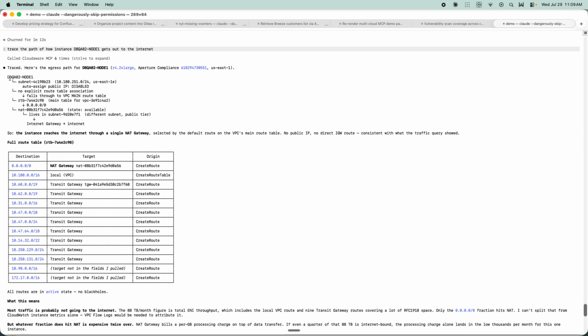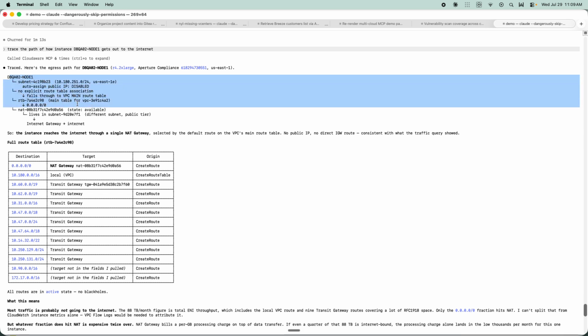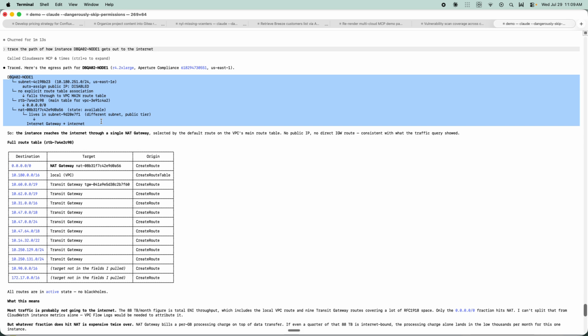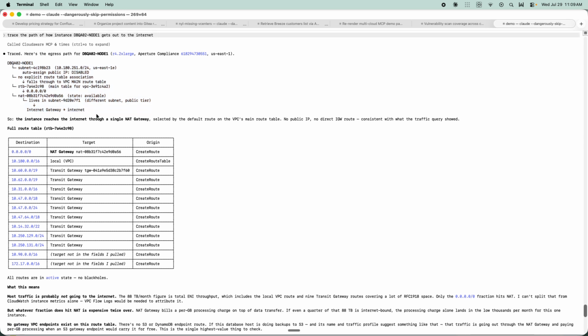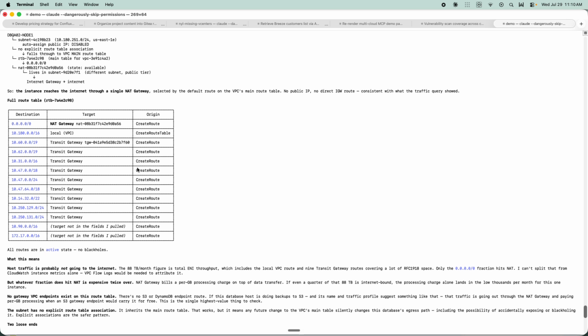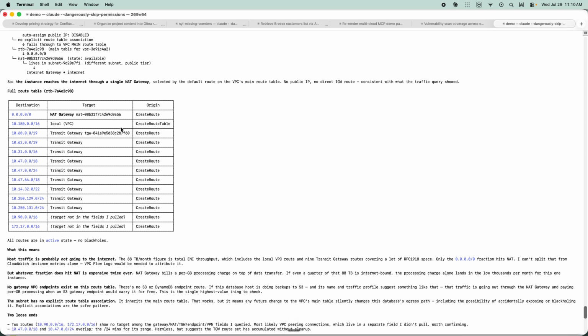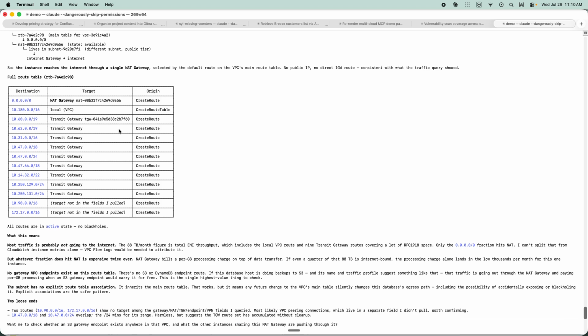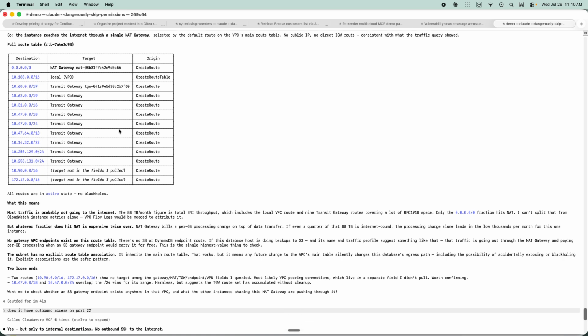Bam, right there, it pulls up this data across different AWS accounts and gives me an insight that the instance reaches the internet through a single NAT gateway, identifies very quickly what that NAT gateway is and which routing rule matches to get us to the internet. So very convenient, quick answer, only about 30 seconds to get this answer.